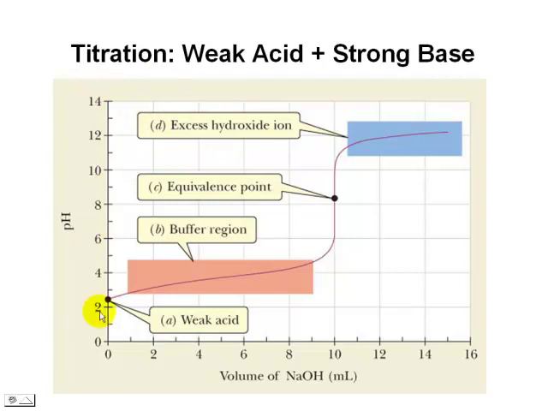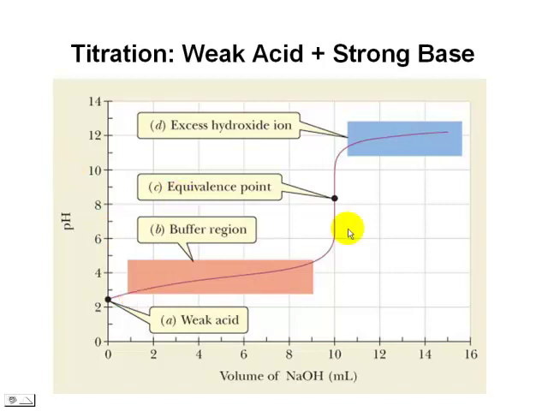Again, this is the curve for the titration of a weak acid with a strong base. Notice that our initial pH is higher, and this is because the weak acid only partially ionizes, whereas if you have a strong acid, remember there's complete dissociation.